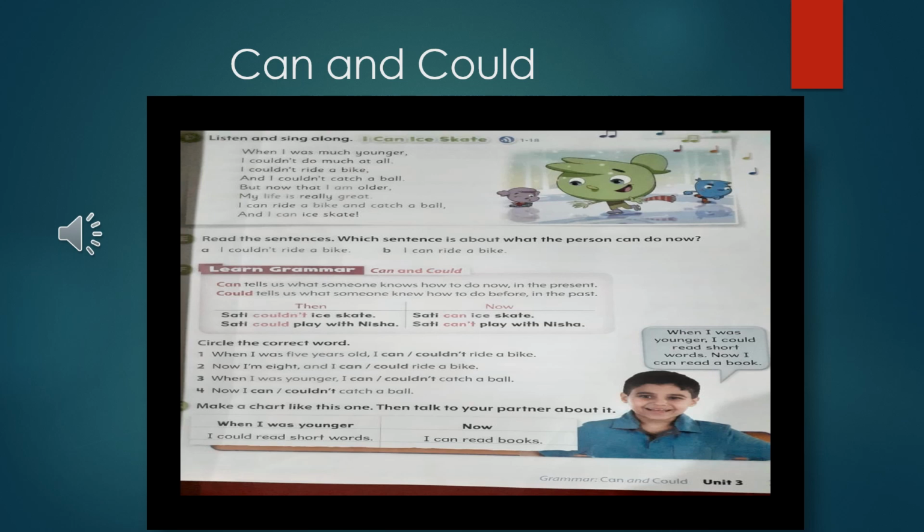When I was younger, that means something in the past. So I couldn't catch a ball. Number 4, now I can catch a ball or I couldn't catch a ball. Now means something which is happening now. So you would say, now I can catch a ball.